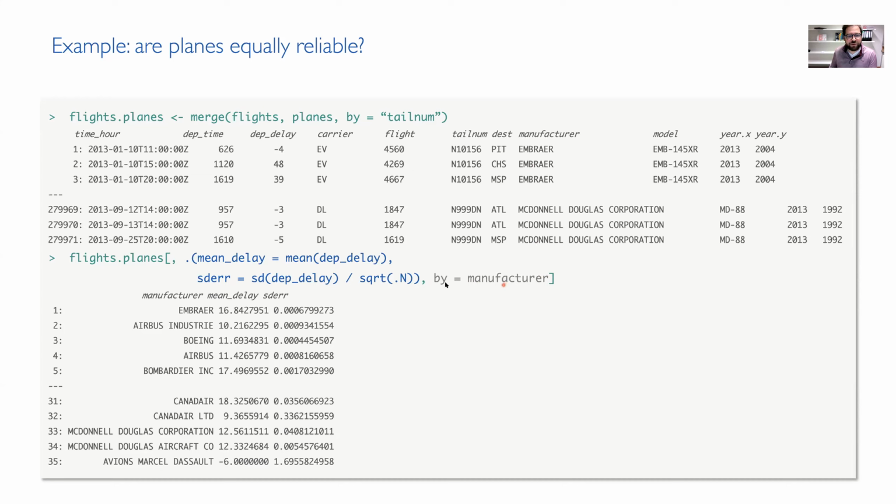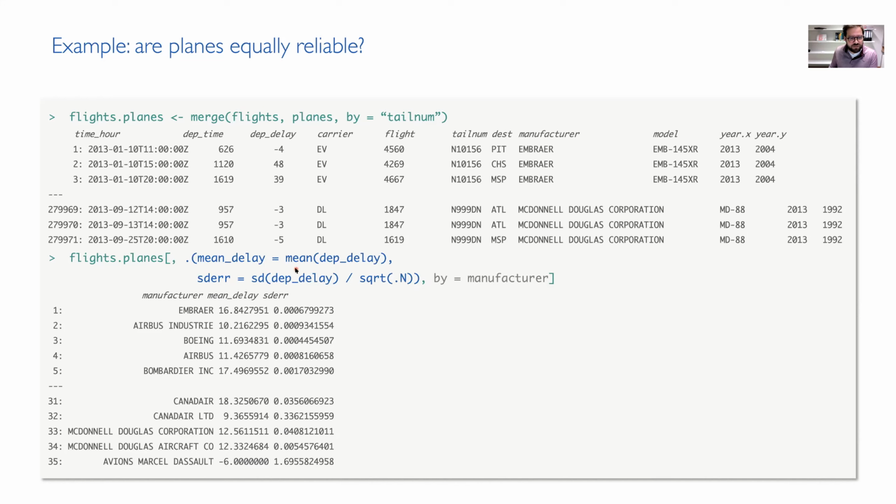And then for each group, we calculate the average departure delay and save it into a new column, mean delay. And in this case, we also calculate the standard error, which is just the standard deviation divided by the square root of the sample size. We can have two computations or as many computations as we want in the same row.